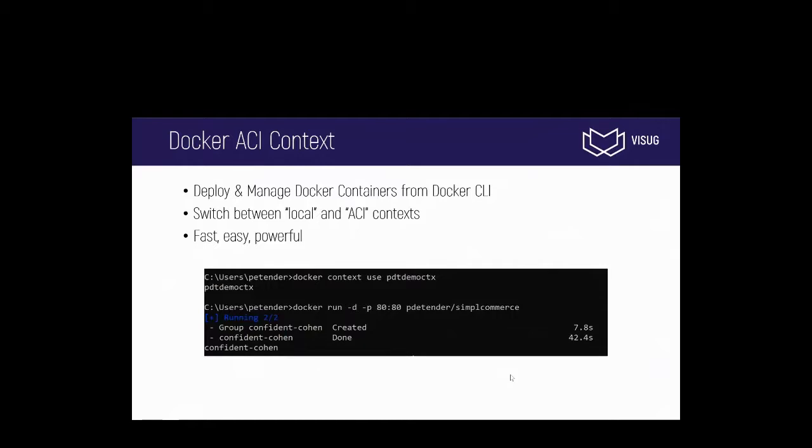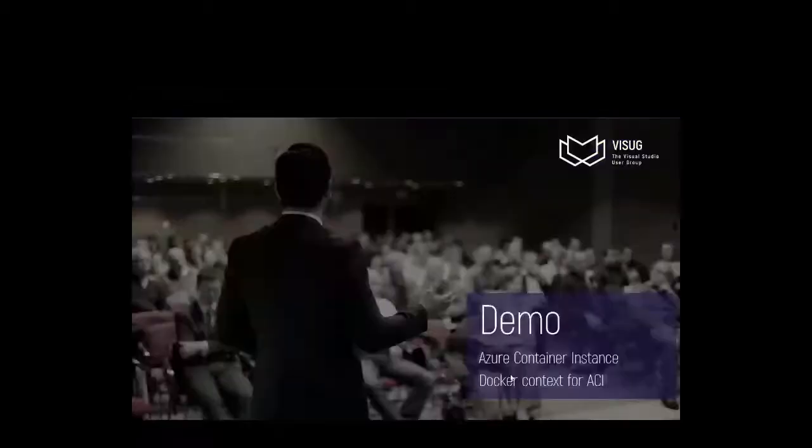You have Docker, so it's already running. You don't need to do anything from there. And what we're going to do is creating a context. Now, what is a context? It's like a local environment where I'm currently running the default. It's everything on my local machine. And I can create a second one where I'm going to interact with ACI. That's the main goal.